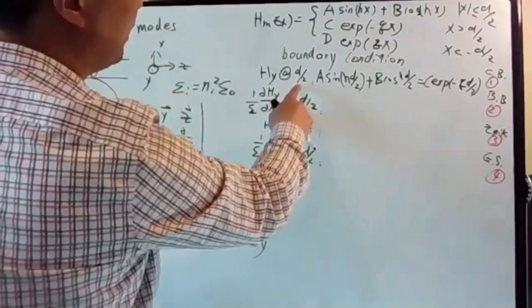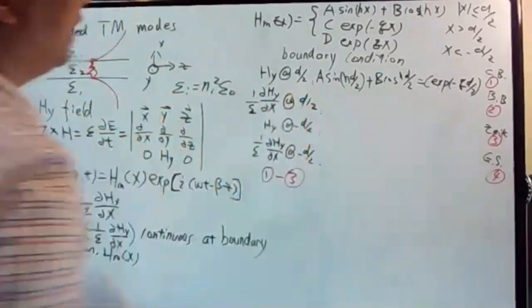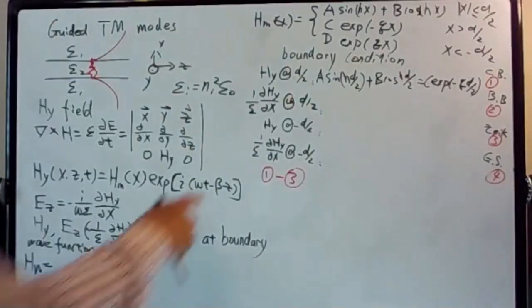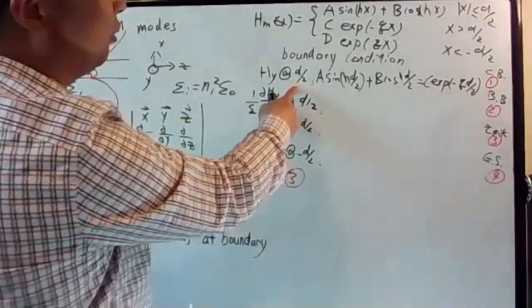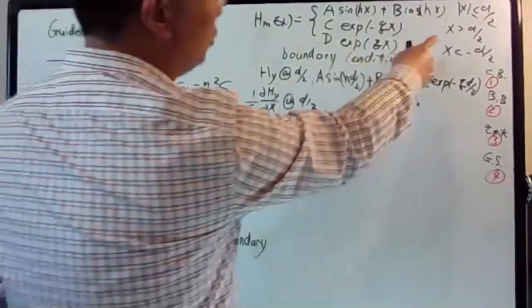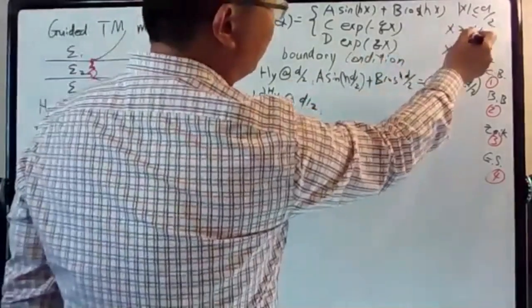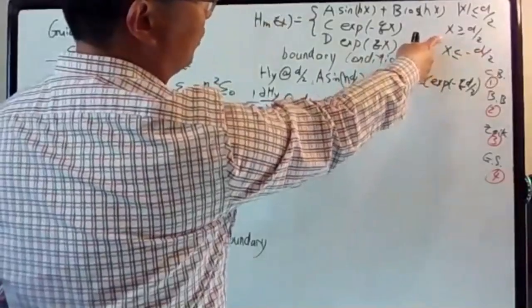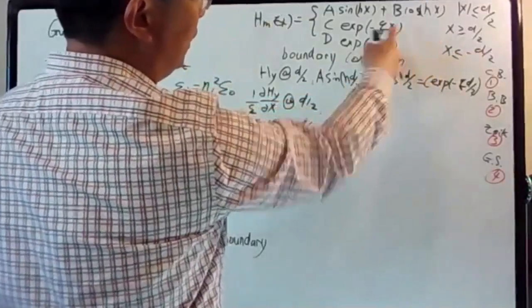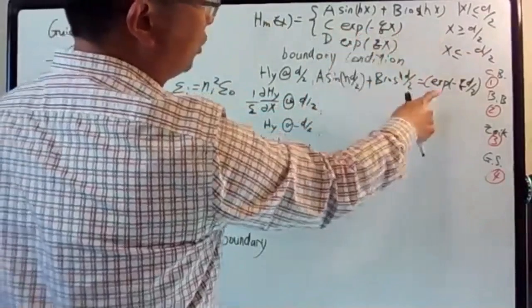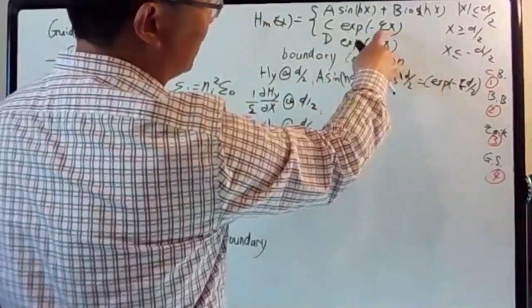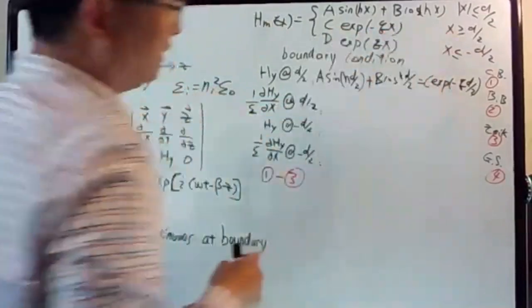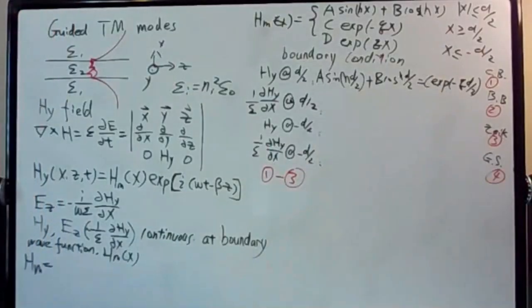You are looking at d over 2, so you should look at this boundary. So that's c exponential negative qx, just with x replaced by d over 2. Did I answer your question?